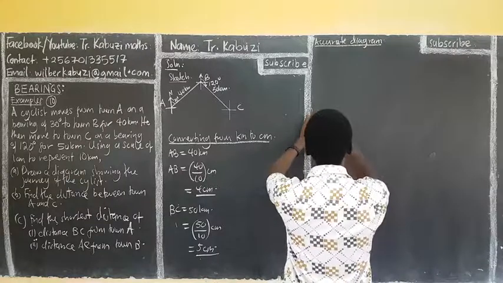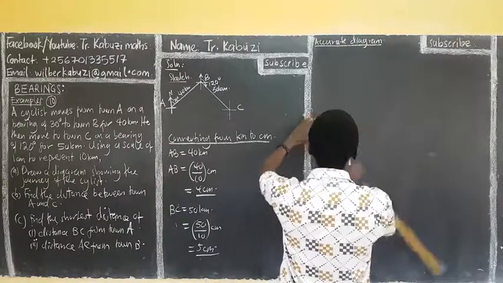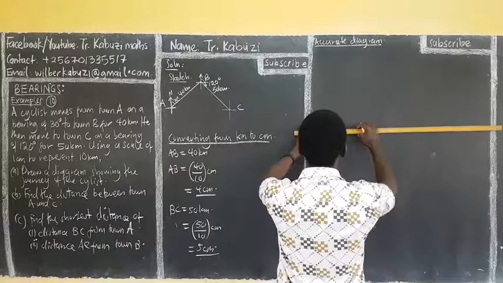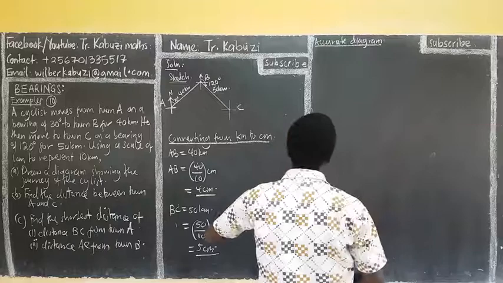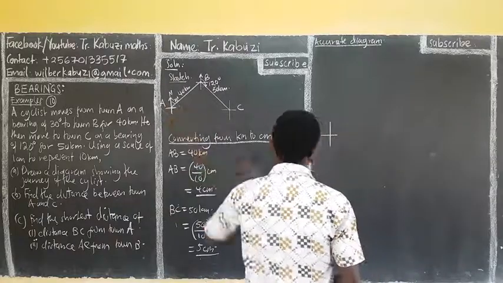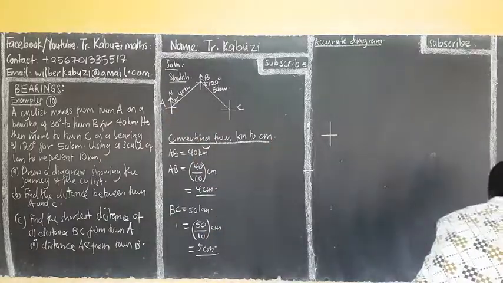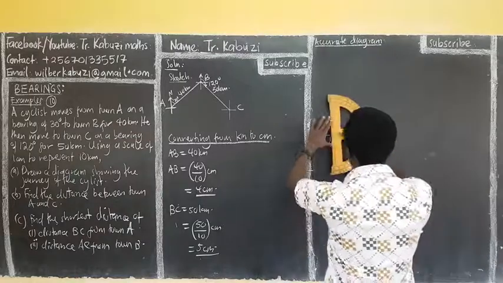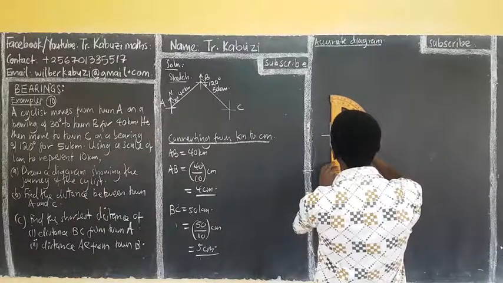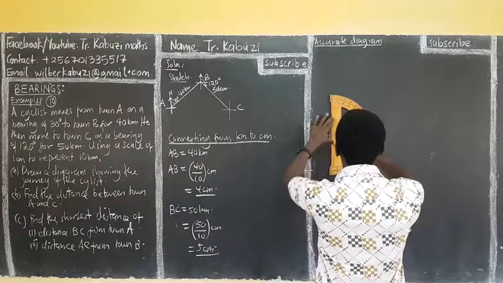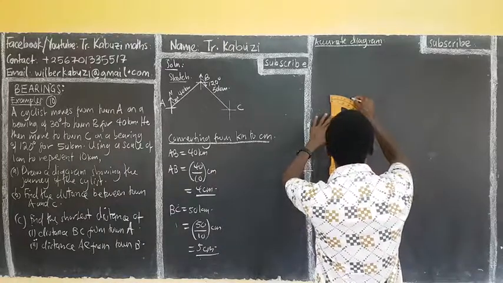This is going to be my point A. On point A, I'm going to measure off 30 degrees. So measuring my 30 degrees, here I put my protractor like this. Then I measure off my 30 degrees. My 30 degrees are going to be around here.